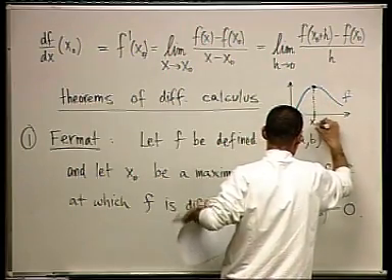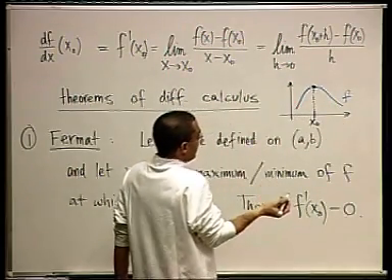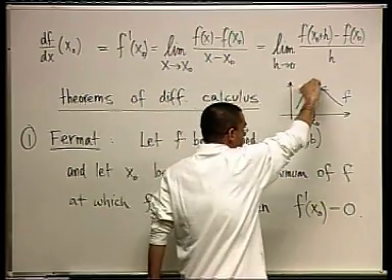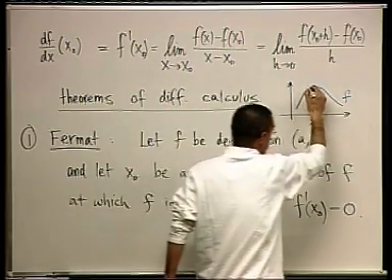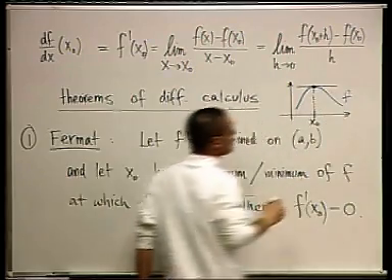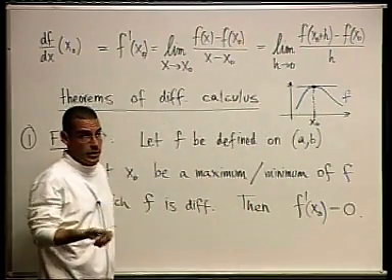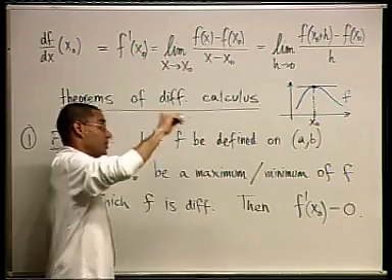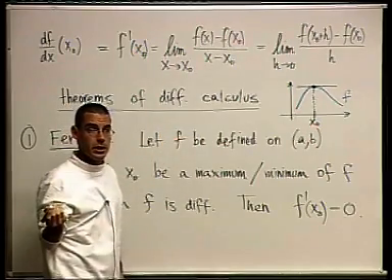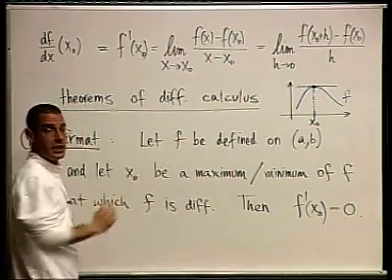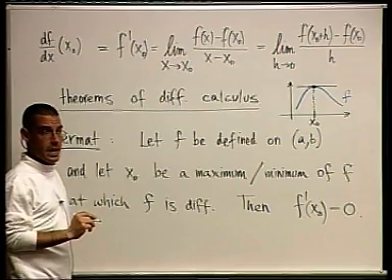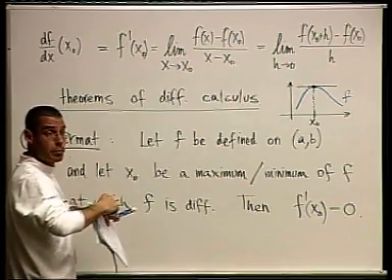So this is x0. Well, the tangent line at that point has to be horizontal, which means that the derivative, which is the slope of the tangent line, is 0. Do you agree intuitively to this theorem? Yes? Okay, but I want to prove it now.